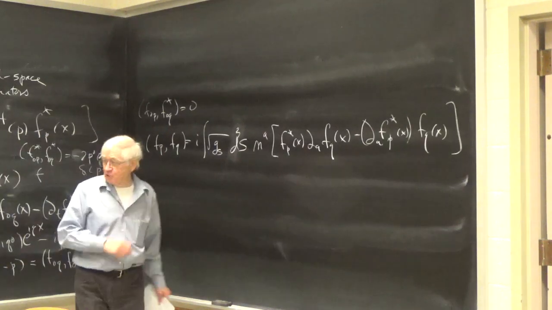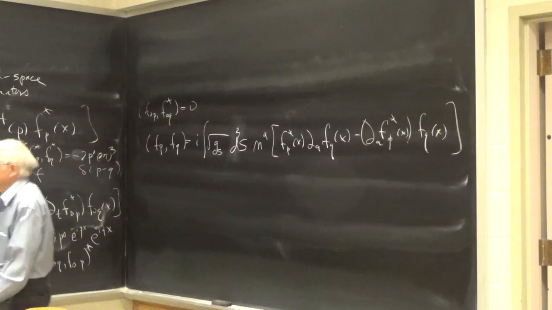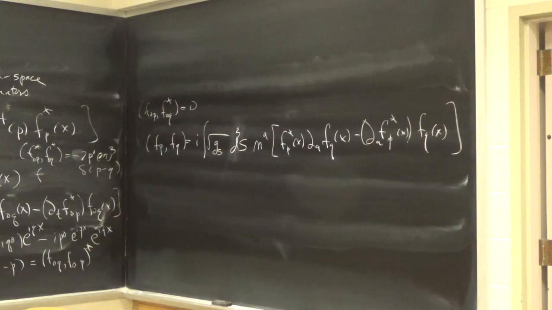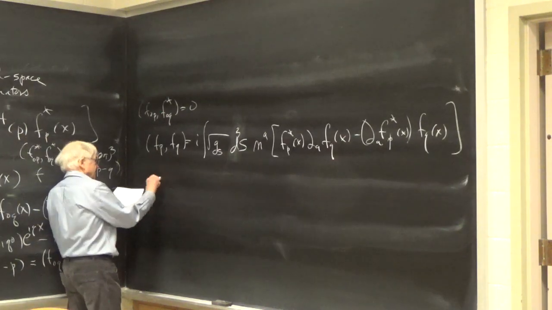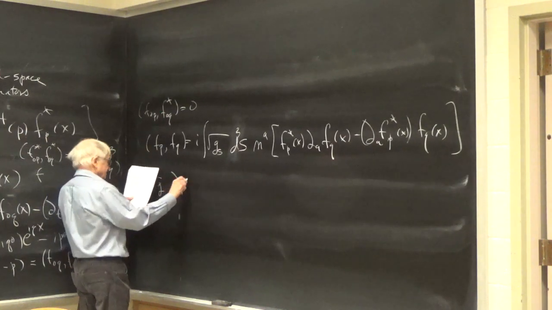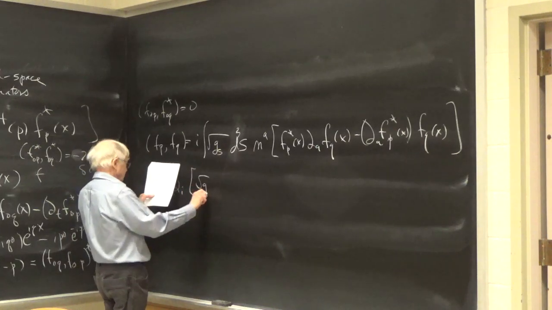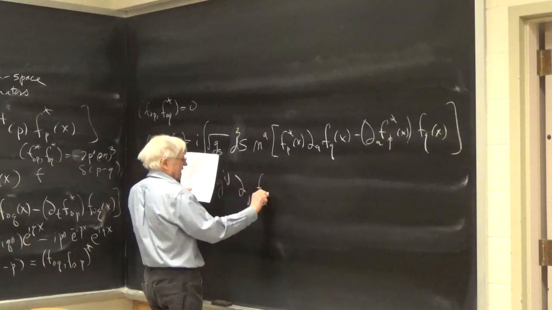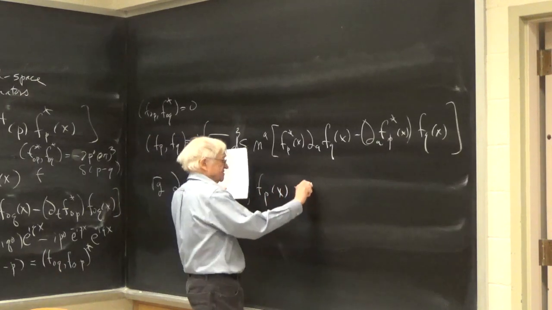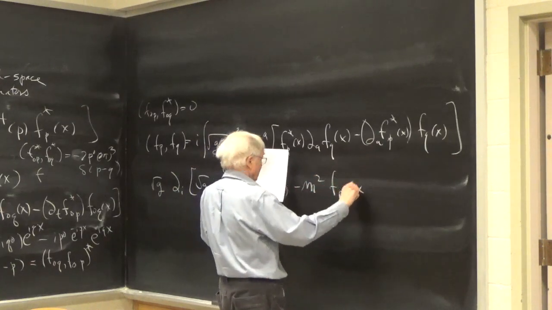And what people do is they assume that the solutions, right, I should have written down what, well, I did write down in the notes, but I don't think I wrote it down on the blackboard. What we're assuming is that square root of g d_i square root g g^{ij} d_j f_p of x minus m squared f_p of x.